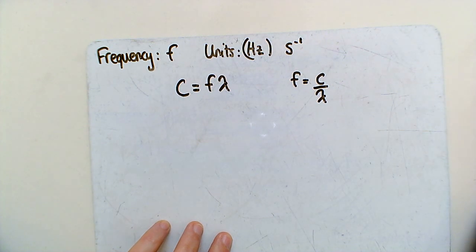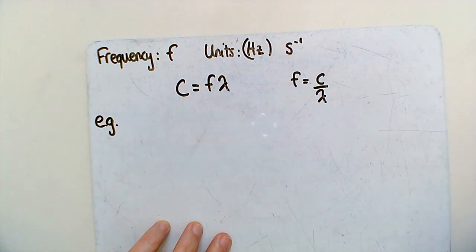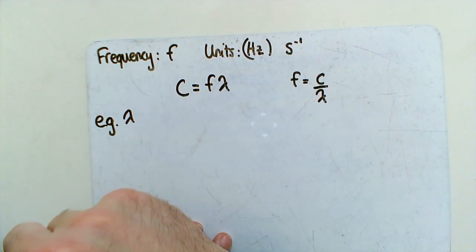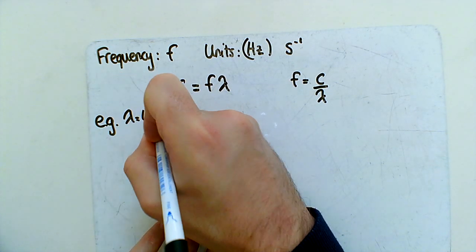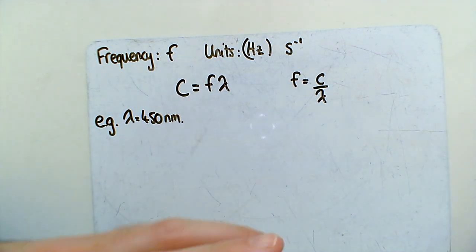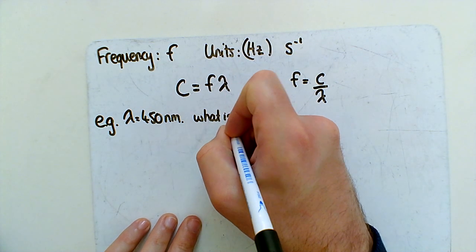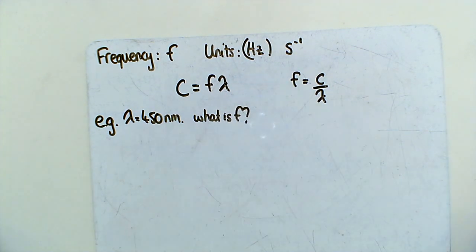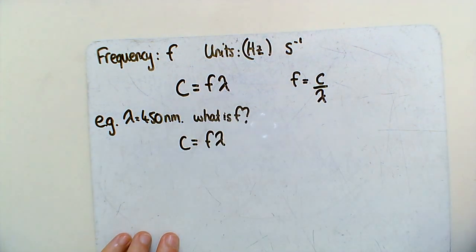So if you were told, for example, we know that c is a constant and lambda changes. So an example, if you were told that a wave has a wavelength of 450 nanometers, what is the frequency? Well, c is a constant, so we know that c equals f lambda.